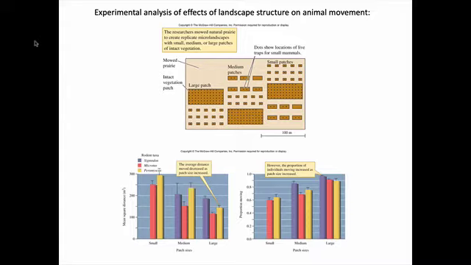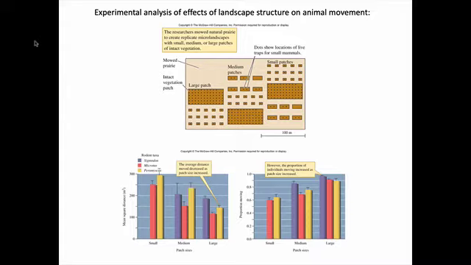First off, animals living in large patches don't have to move very far to find more resources when they use up the resources in a particular area. They just basically walk next door. However, in small patches, you have to go a long distance because you've exhausted this tiny little patch. You have to disperse to a new patch.